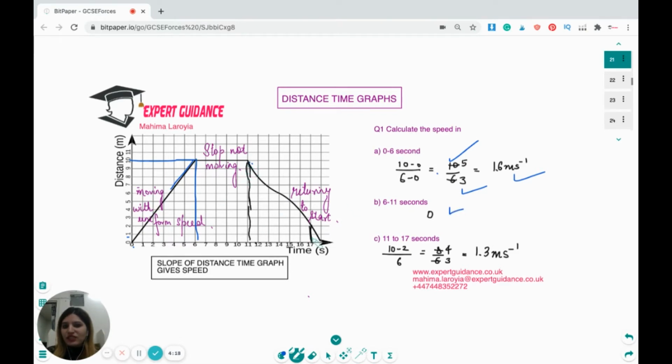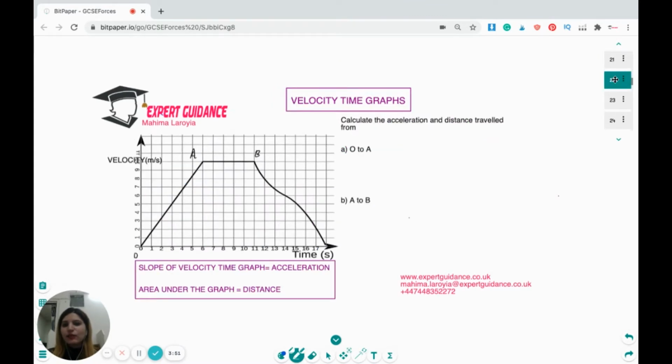Now from 11 to 17 seconds, we can assume this to be an ideally straight line, and we can work out the gradient by doing 10 minus 2 over 11 minus 7, which is minus 6. So it will come out to be 1.3 meters per second. Okay, so it is slowing down with the speed of 1.3 meters per second. Okay, so I hope this distance time graph is clear to you.